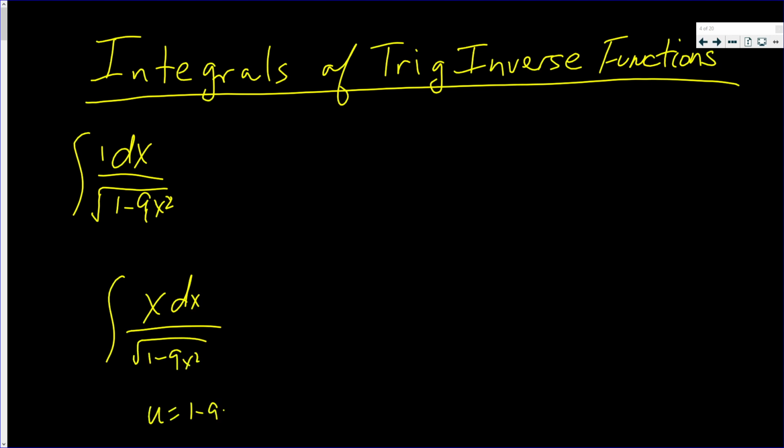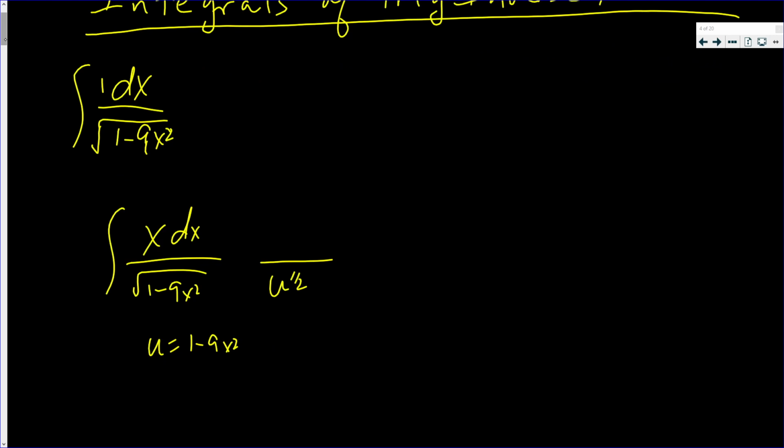If I let u equal the denominator, so in the bottom I have u to the 1/2, then du would be negative 18 x dx. Well, I have the x dx.